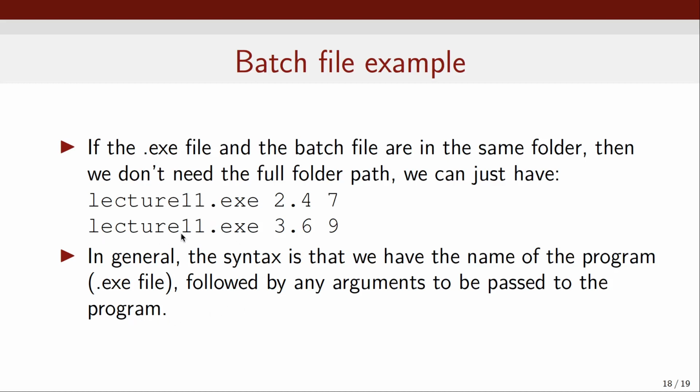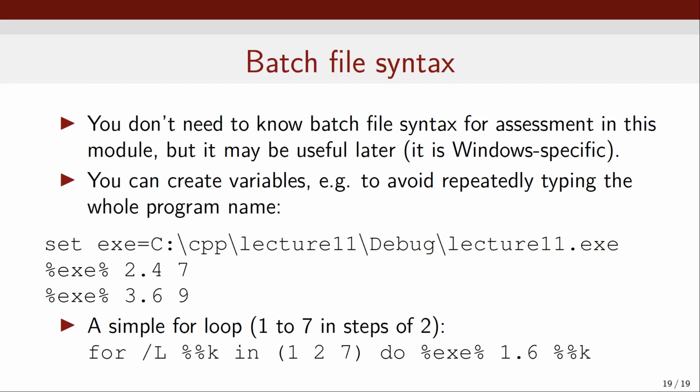So in this case, it's lecture11.exe and then 3.6 and then 9 and so on, or it could be some strings here that we want to pass to the program. Now, for this course, you don't need to know batch file syntax, but it can be very useful later. But remember, batch files are Windows specific. If you want to do something similar in Linux or macOS, you can use shell scripts.